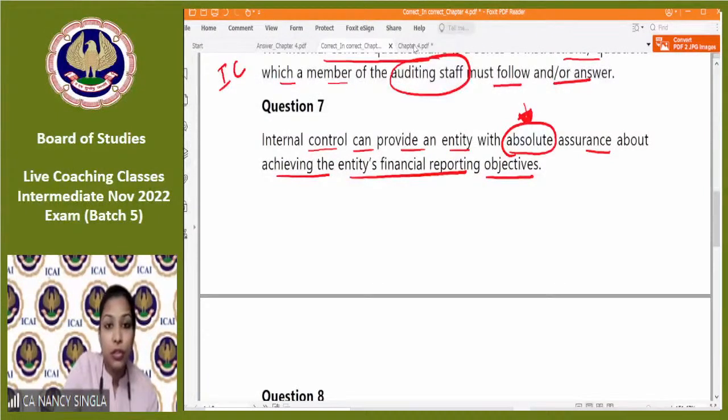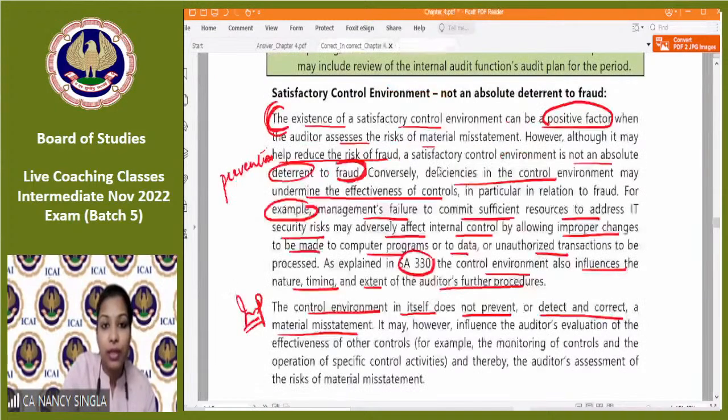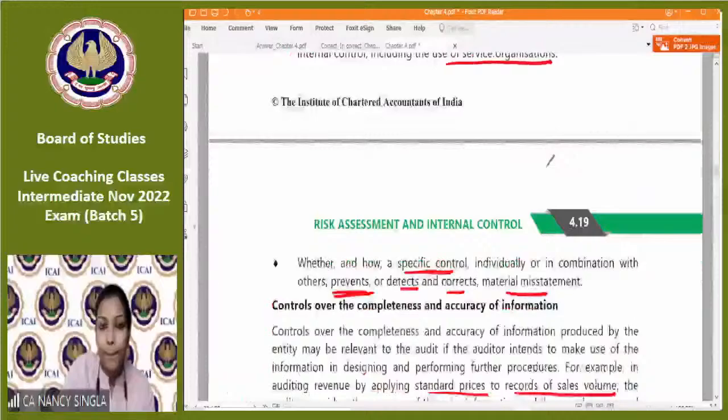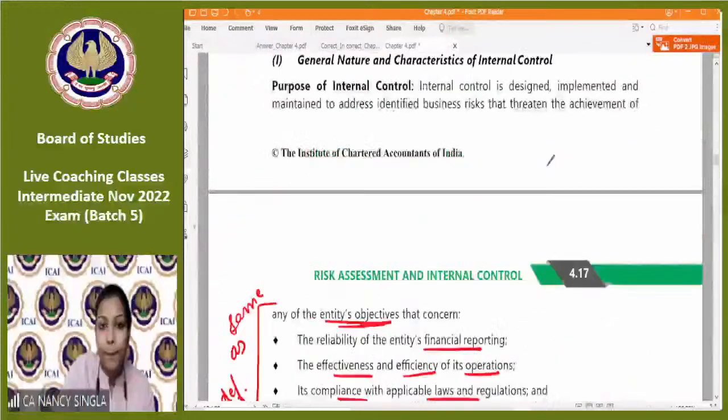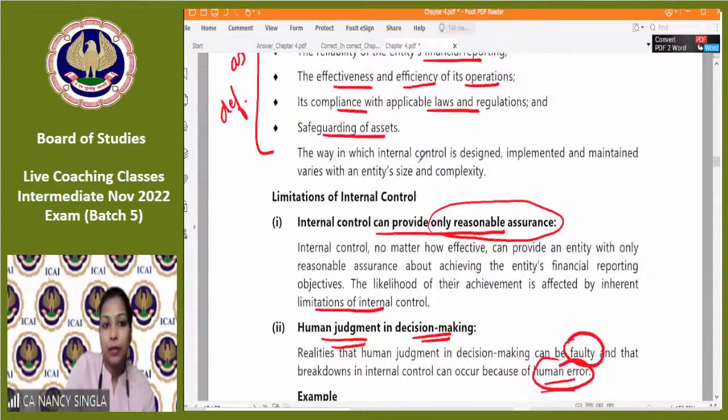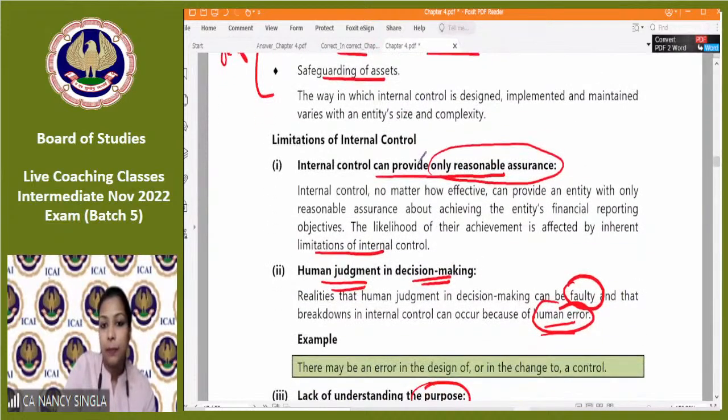So let me just show you in the module from where I have picked up this question. Internal control can provide only what? Reasonable assurance. Okay? Can provide only reasonable assurance about achieving the entity's financial reporting objective. So how will you write the reasoning? Instead of absolute, you will be writing what?